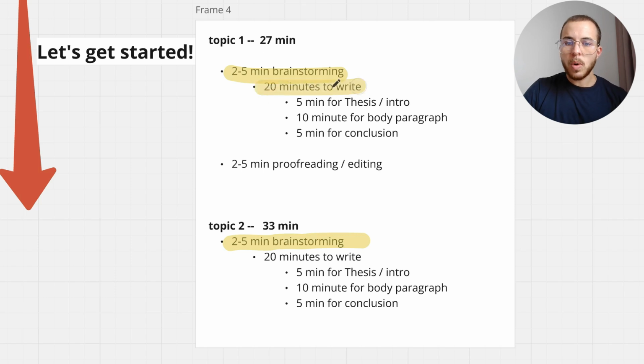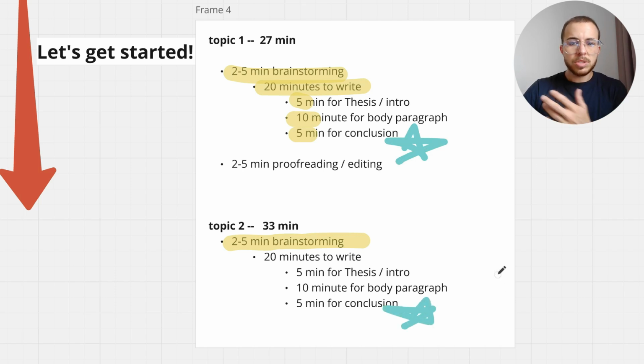That gives you about 20 minutes to write, and most students they're okay just knowing I have 20 minutes. But if you need more time to analyze, then think about 5 minutes for the intro, 10 minutes for the body, and 5 minutes for the conclusion. A lot of students always forget the conclusion, and sometimes it's because they don't have enough time to do that. So just make sure you allot that time for yourself.